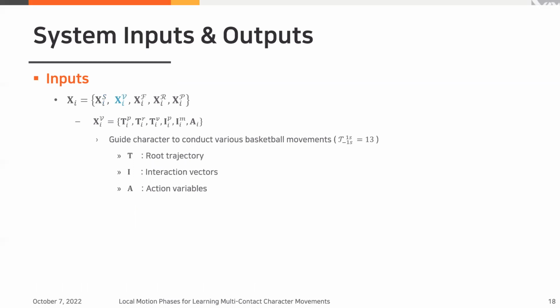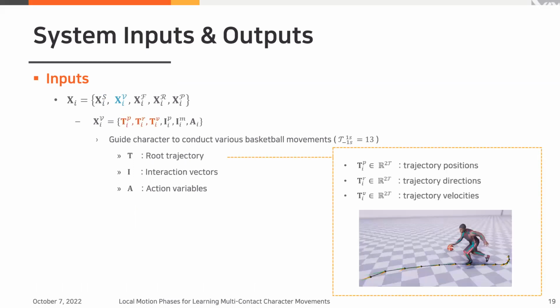Then the second component is the control variables that make the character perform various basketball movements and consists of root trajectory, interaction vectors, and action variables. As shown in the figure, the root trajectory contains the position, direction, and velocity information and has the role of controlling the locomotion of the character.